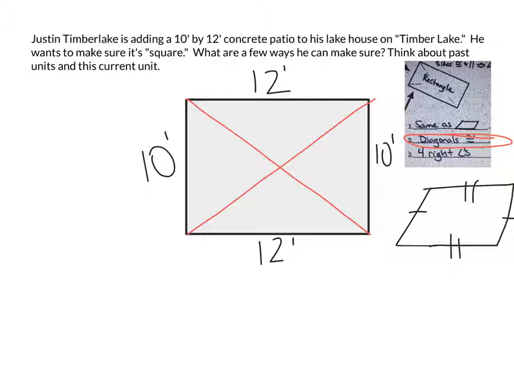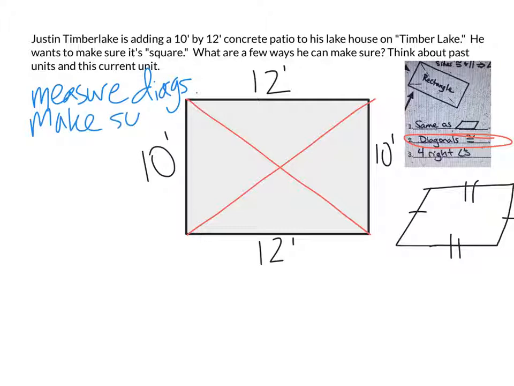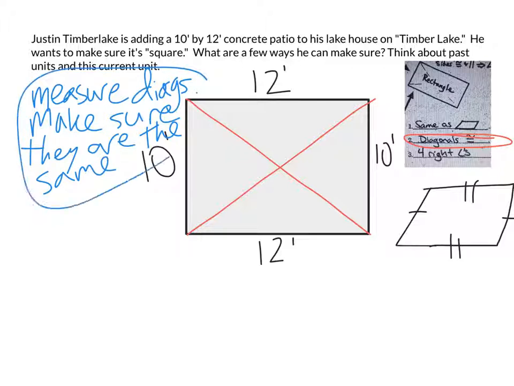Okay? So that's one thing that we could write down if this were a test question. I could say measure diagonals, make sure they are the same. Okay, so that's one way that he can make sure.